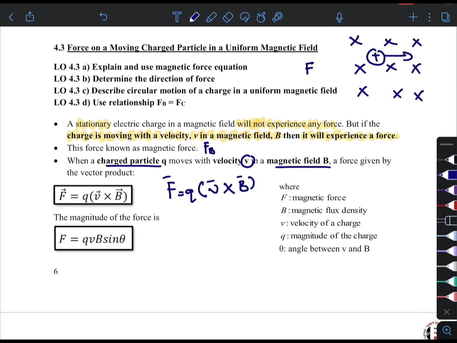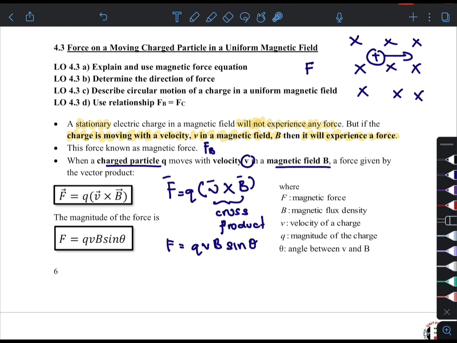Since this is a cross product, a vector product, this equation becomes F is equal to QVB sine theta.